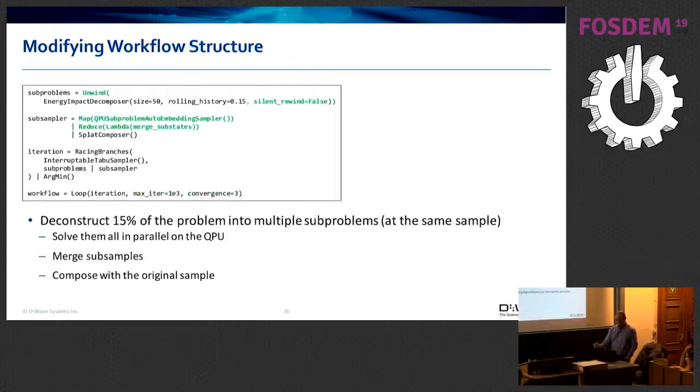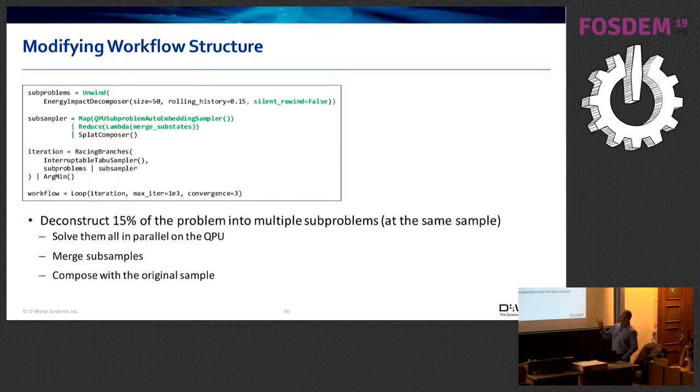But then you can easily also modify the structure. You can say, okay, let's not just run one subproblem on each iteration. Let's unwind as n subproblems, depending on the size of the problem. And by the way, the size 50 there is the size of the generated subproblem, which will then be mapped onto and solved on the QPU.